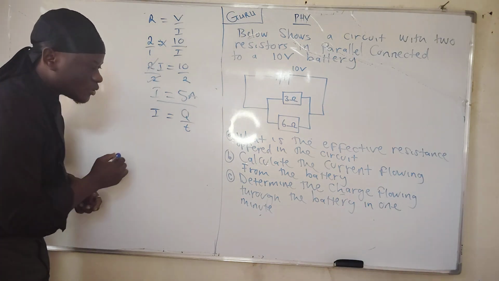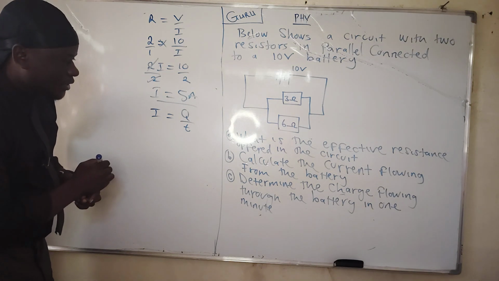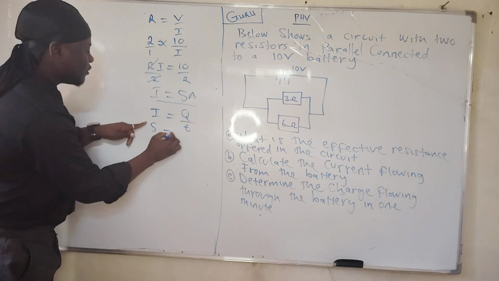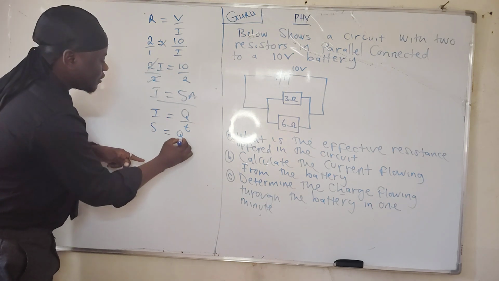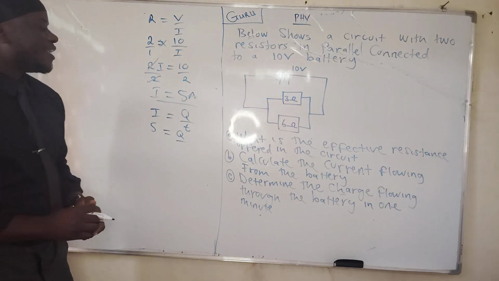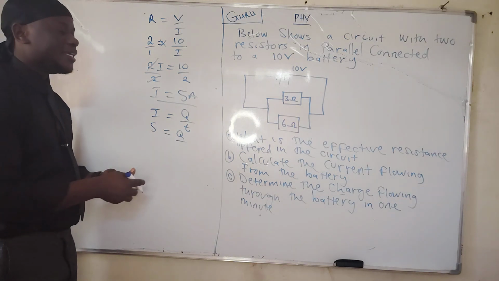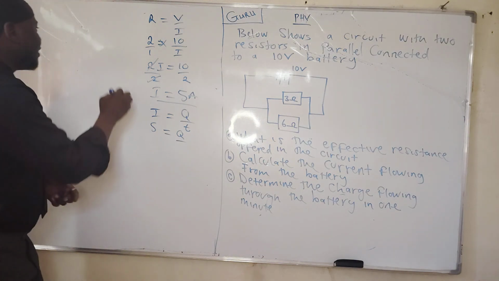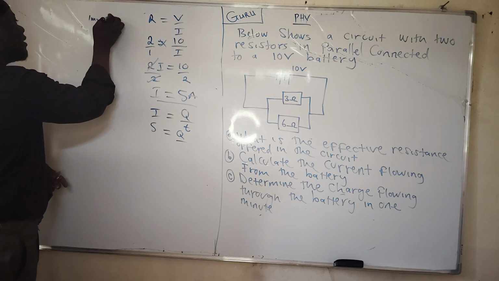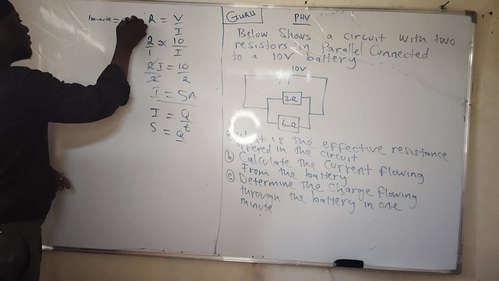What we need is the charge. So you have the current, 5, over the charge, which is what we need, over the time of 1 minute. Here you won't use minutes, but seconds. Everyone knows that in 1 minute we have 60 seconds.